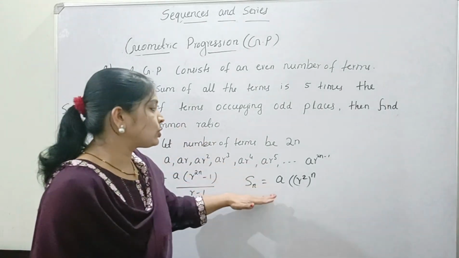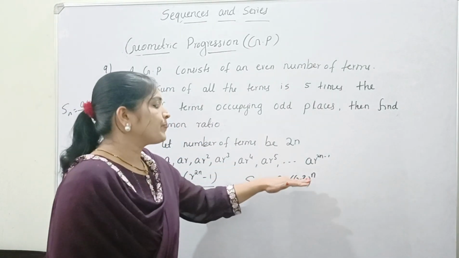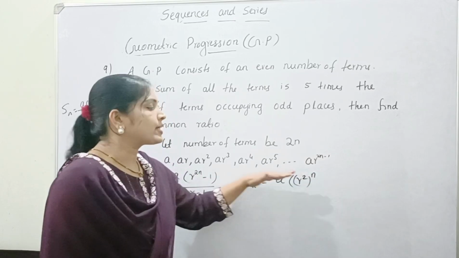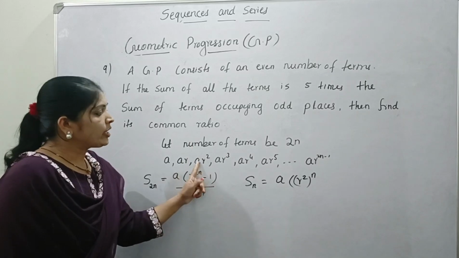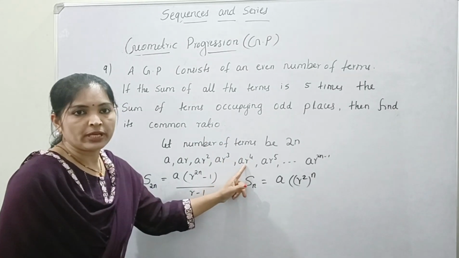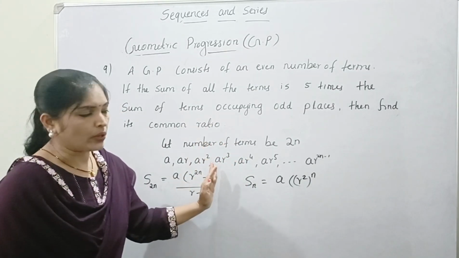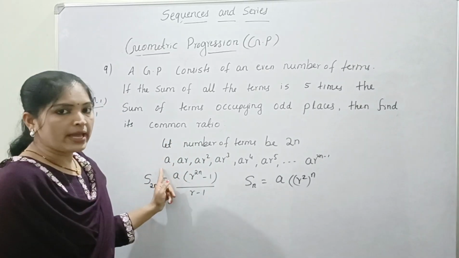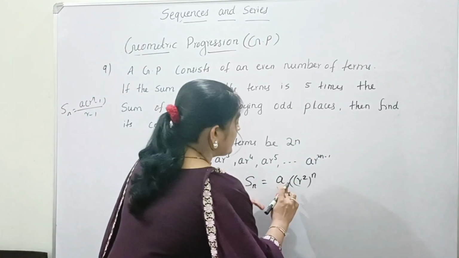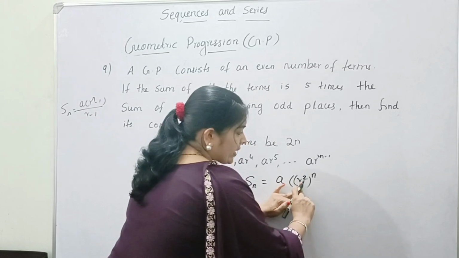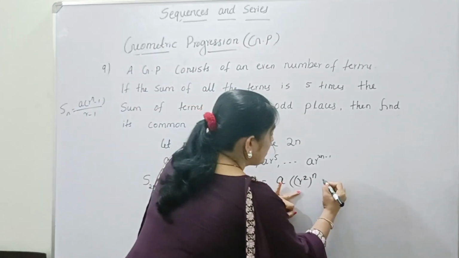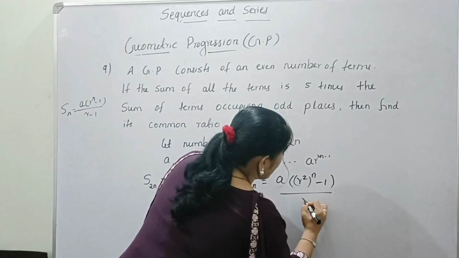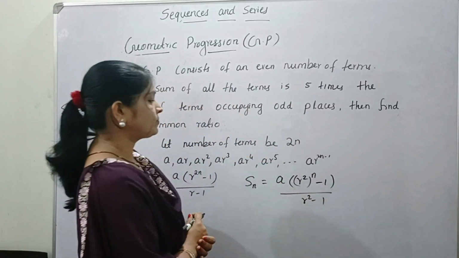Here also it is the sum to n terms, but the common ratio is r square: a into r square is ar square, ar square into r square is ar raised to 4. So the common ratio is r square and the first term is a. Therefore the sum is a into r square raised to n minus 1 divided by r square minus 1.